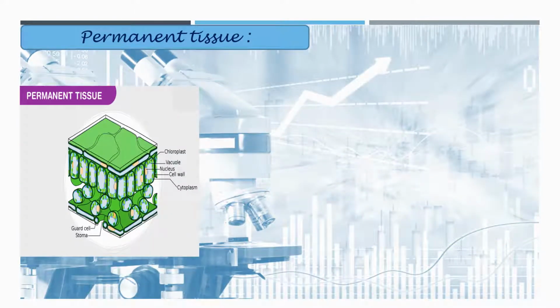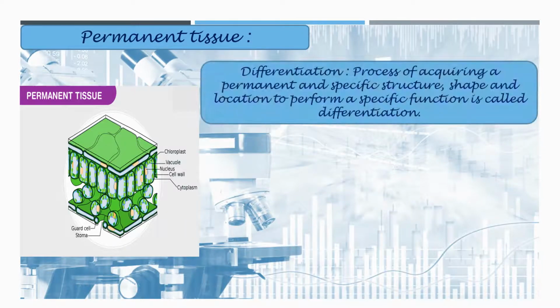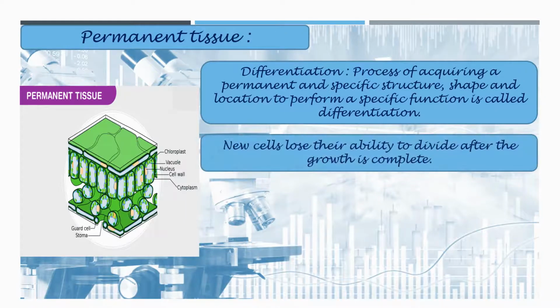Now let's learn about permanent tissue. The process of acquiring a permanent and specific structure, shape and location to perform a specific function is called differentiation. New cells formed by division of meristematic tissue lose their ability to divide after the growth is complete.